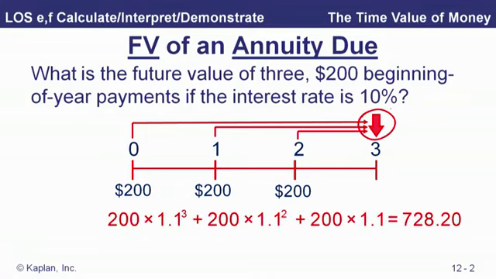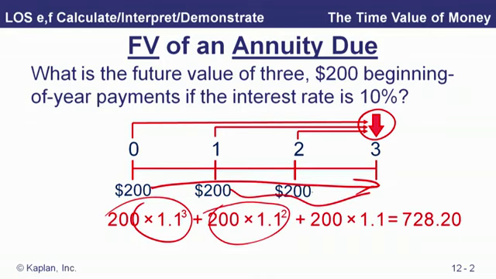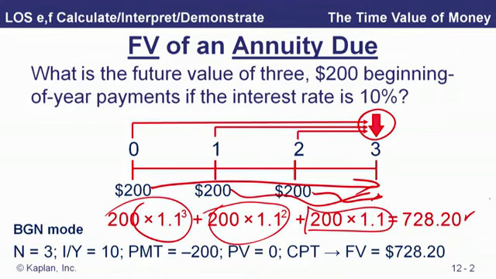So now that first $200 earns interest for 3 years, the second earns interest for 2 years, and the third earns interest for 1 year as well, and that's this term right here. So in this case, our future value would be $728.20. And on the calculator, again, if we put it in begin mode, we've got 3 periods, 10%, $200 payments, present value is 0, and compute that future value of $728.20.